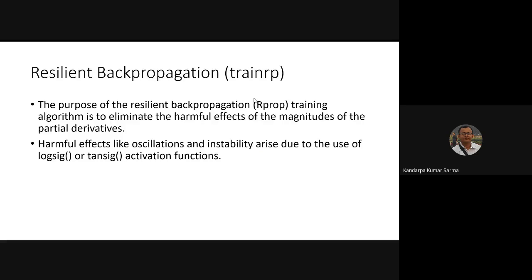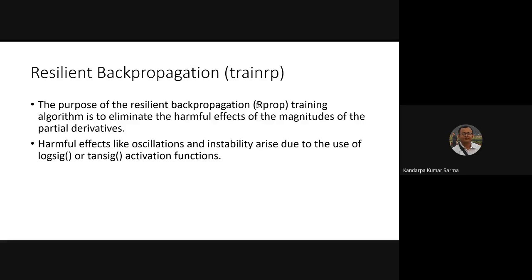Similarly, there is one more training type called train RP, that is the resilient backpropagation. Now this resilient backpropagation prevents the fluctuation in the activation function responses when we use a diversity of activation functions, like a combination of log sigmoid and tan sigmoid functions.